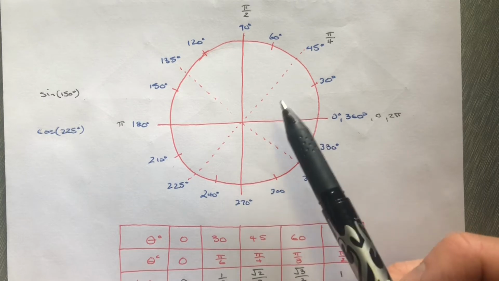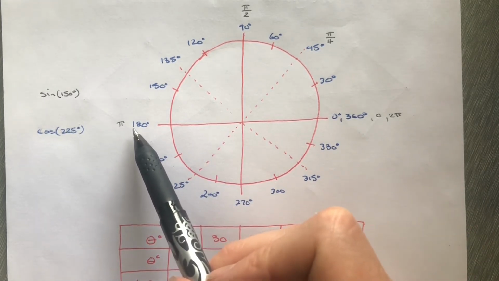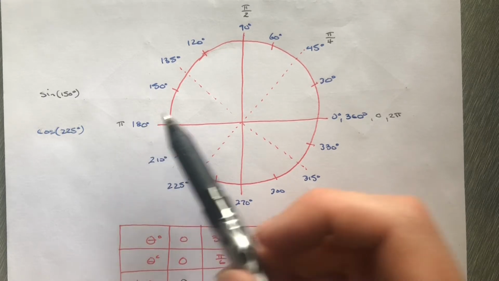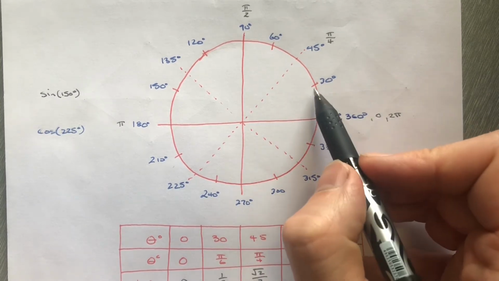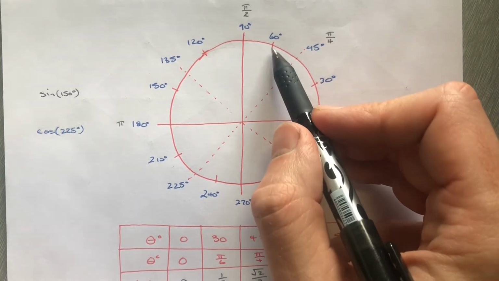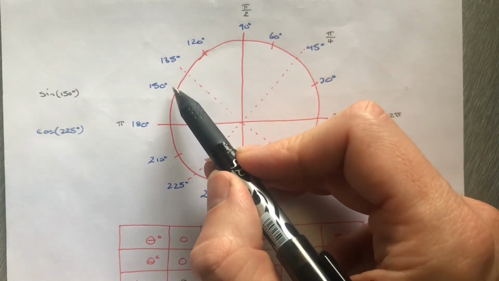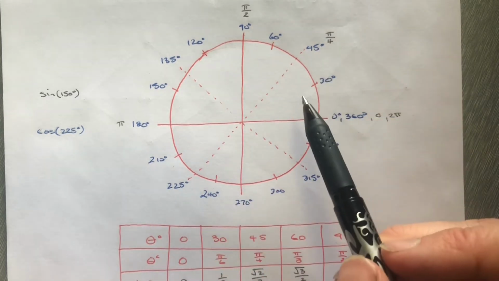Now, when I'm looking at this, I can see that 180 is pi, but I can sort of break this into pizza slices. I can see that we've got maybe one slice here up to 30, then another one up to 60, another one up to 90, another one up to 120, another one to 150, and another one to 180. So I can break it into sections, and what I'm seeing is there's sixths.